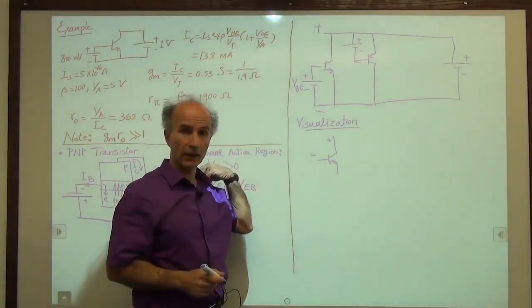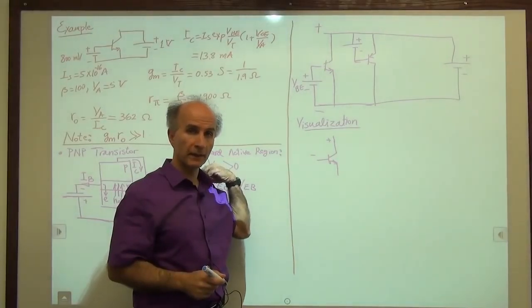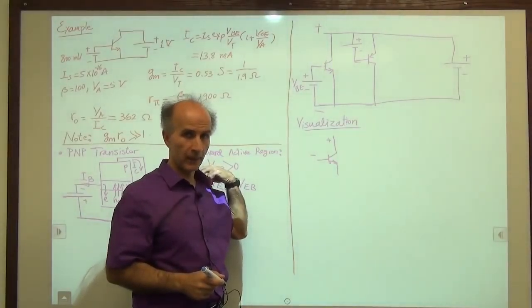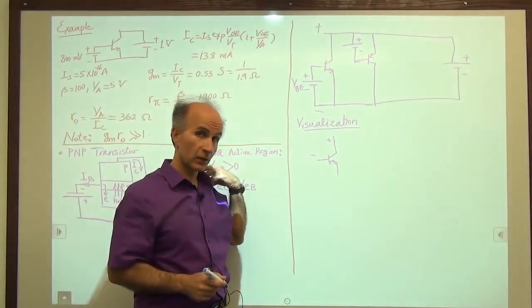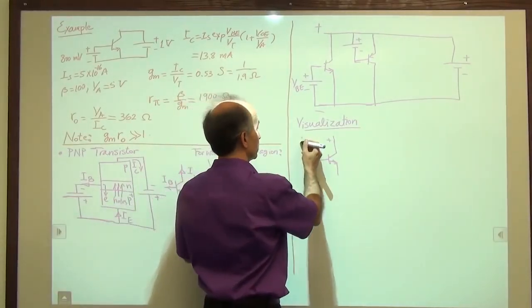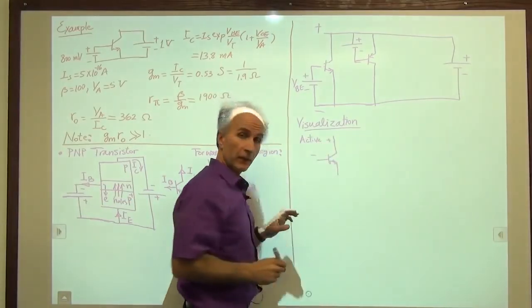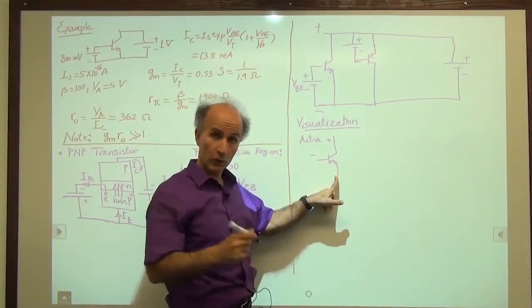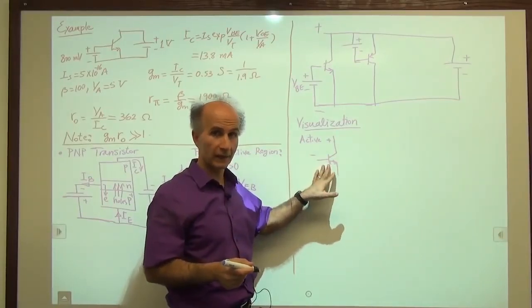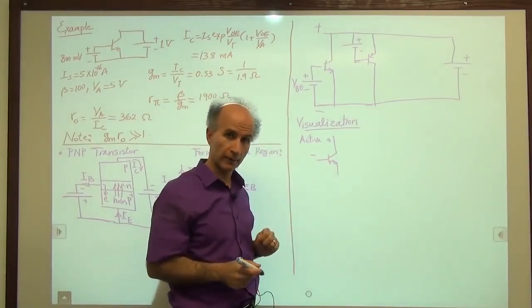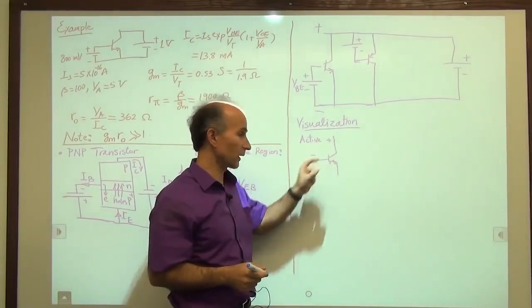Plus minus means the collector is more positive than the base. Which region of operation are we in? We are in forward active region, so I'll just write active. Provided, of course, that the base emitter is also forward biased. So we're not drawing that here. That's given, we know for sure. We're just looking at base and collector for now.